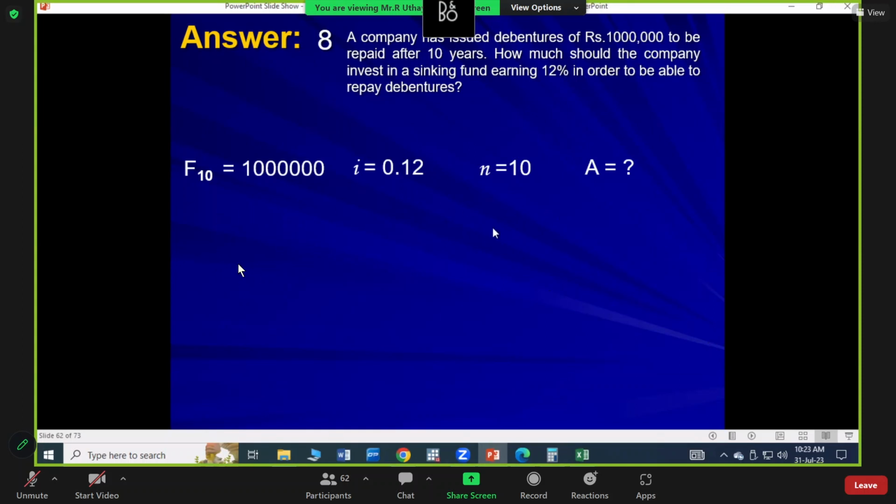So what is the formula, the present value and the time value concept you can apply? Future value of annuity. So the future value interest factor of annuity should be applied. If you apply the present value interest factor of annuity, that's wrong, because at the end of the 10th year, you should have this amount, not now.